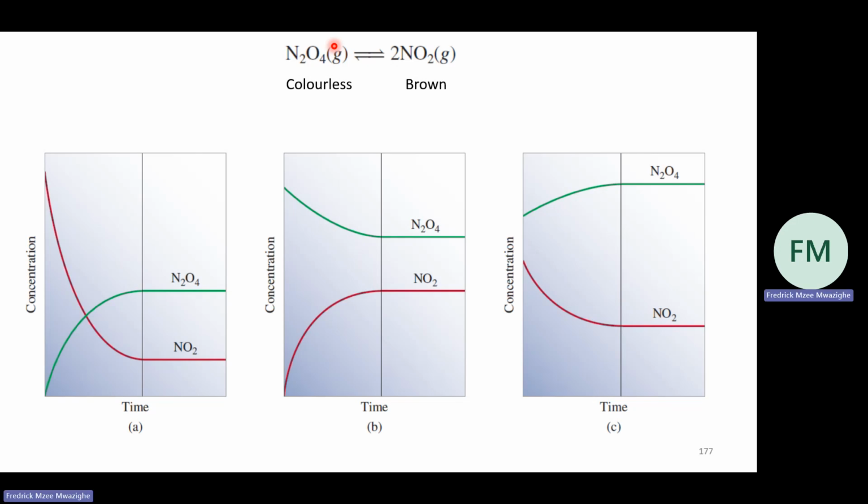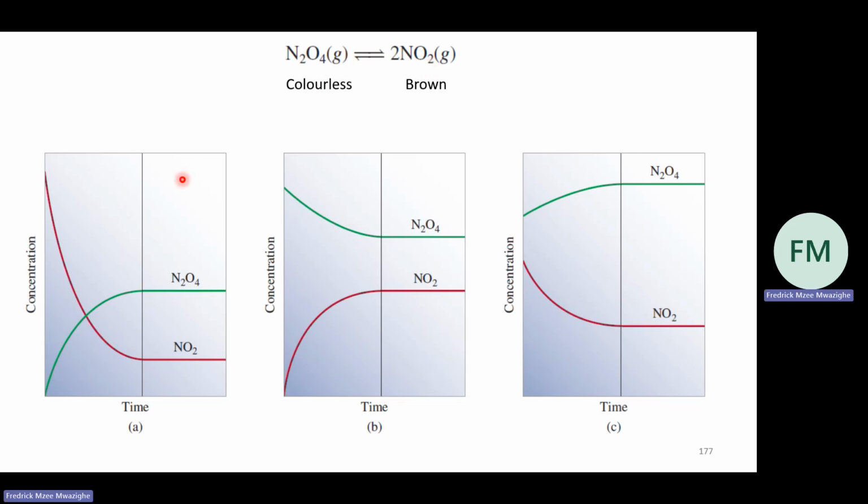So the rates of the forward and the reverse reactions are equal, and then you reach equilibrium concentrations. That means the concentrations of these species, N2O4 and NO2, are now constant. This happens when equilibrium has been established.